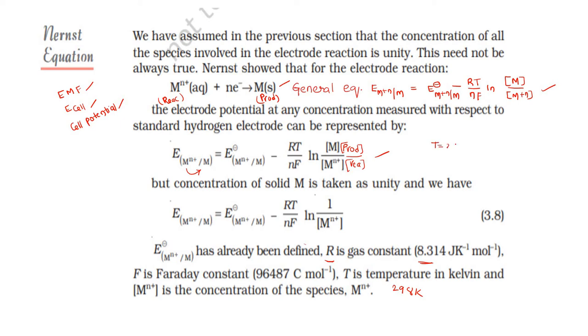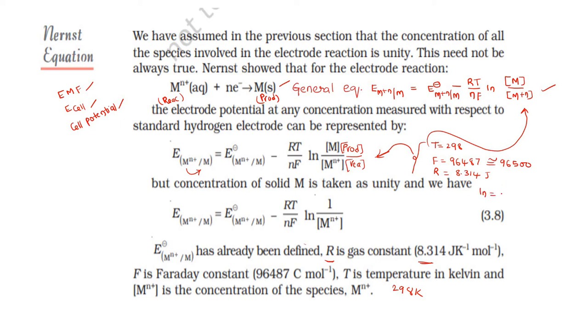Faraday is equal to 96,487, otherwise roughly 96,500. R is equal to 8.314 joules. Substitute all these values into either this equation or this equation.